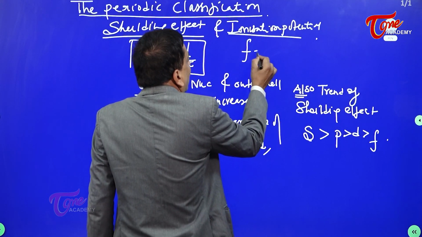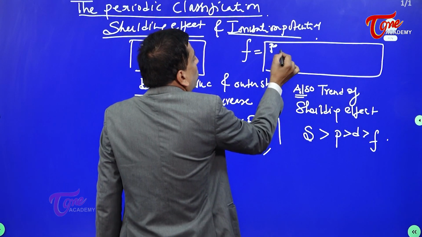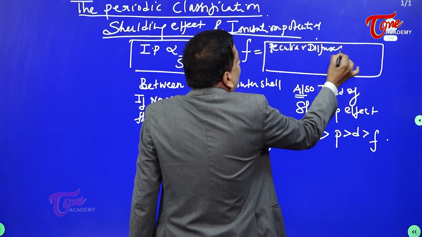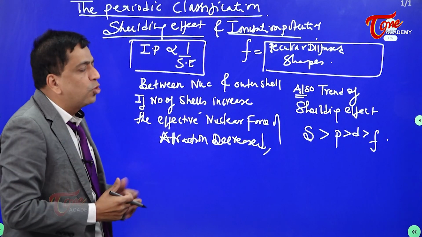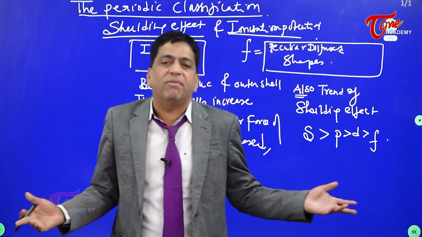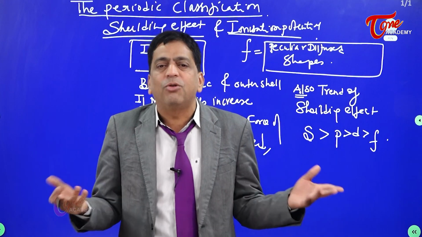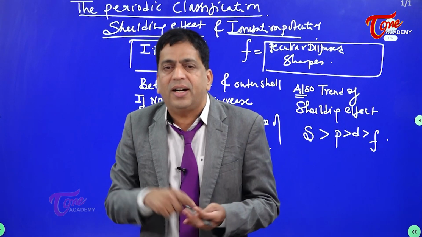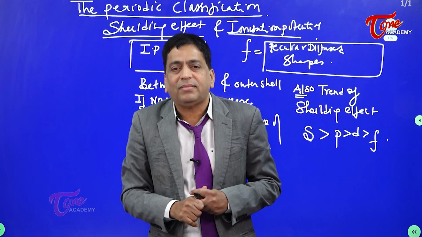If someone is asking what is the shape of F, it has a peculiar diffused shape. That means no one knows the shape of F. They call it a peculiar diffused shape, indicating that the F orbital, which is sevenfold degenerate, has some pores in it. You must understand.